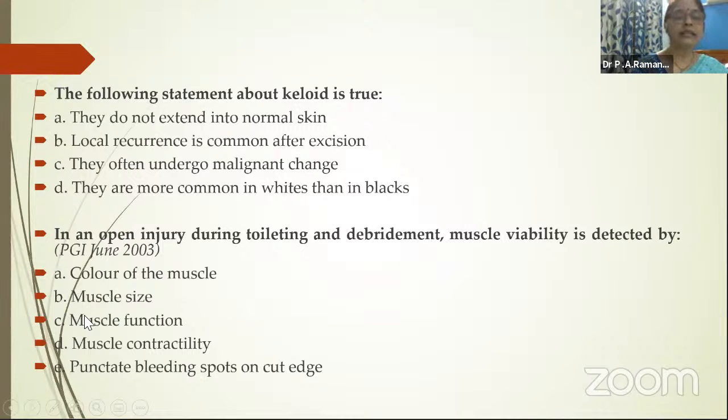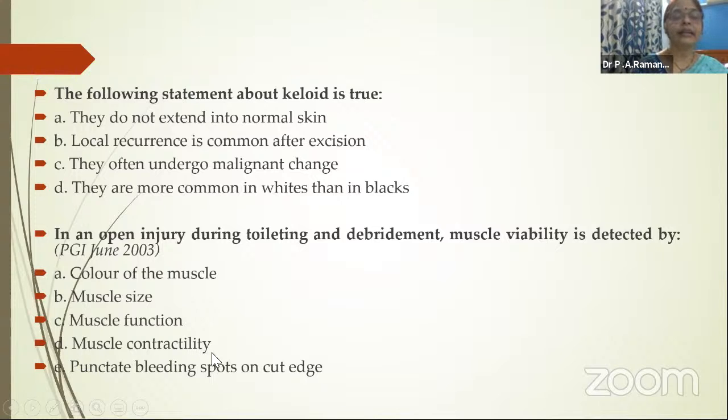Color of the muscle, size of the muscle, function of the muscle, muscle contractility, punctate bleeding spots on cut edge. Which one do you choose? This is the PGI bit, so several answers can be there. Color of the muscle: yes, dead muscle will be black in color, while pink colored muscle indicates that the muscle is viable. Muscle size, nothing to do. Muscle function, nothing to do.